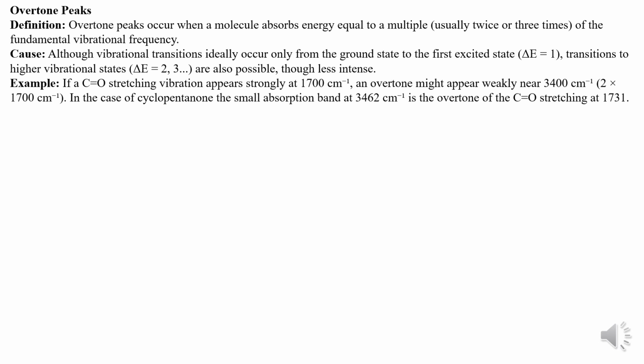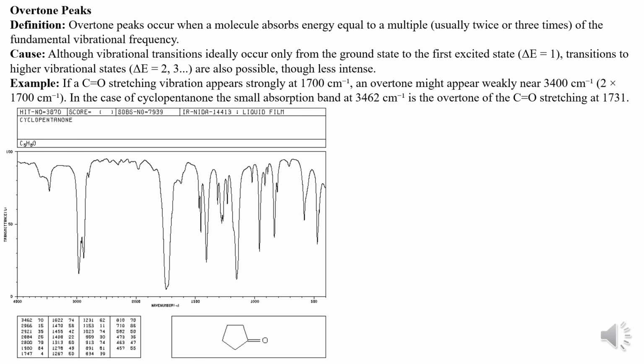So in case of cyclopentanone, here's the IR spectra for the compound cyclopentanone. And in case of cyclopentanone, you see a small absorption band at 3462 centimeter inverse. In fact, this particular peak is the overtone of the carbonyl stretching, which is occurring at 1731.